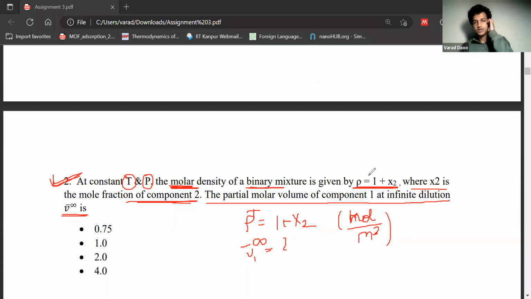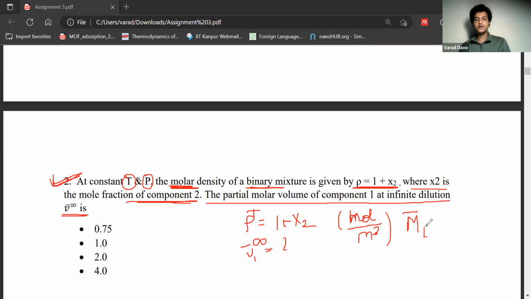So I'll give you a couple of minutes to think about the question, and then I'll give a hint. Try to remember the definition of partial molar property.